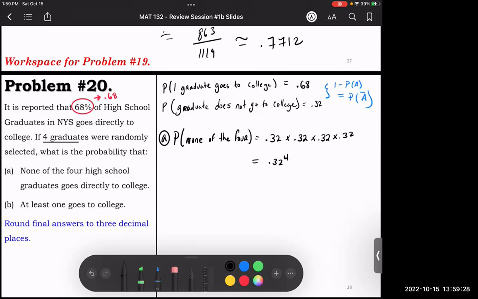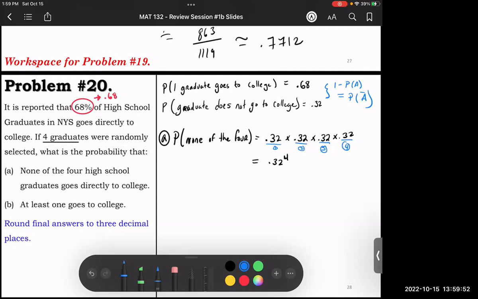Each 0.32 means the probability that the first person didn't go to college. The 0.32 again means the probability that the second person doesn't go to college. The third, and then lastly the 4th, right? I could have underlined the values so you can see it: that's 1, second person, third person, and 4th person.